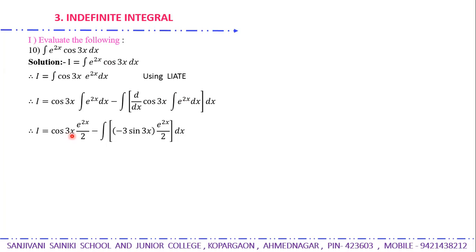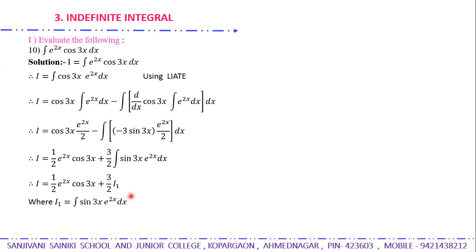Now cos 3x into the integral of e raised to 2x, which is e raised to 2x upon 2. The derivative of cos 3x is minus 3 sin 3x. Then integration of sin 3x into e raised to 2x. So again here we have to use the by parts rule. Take that integral as I1 and we will solve it by using by parts.